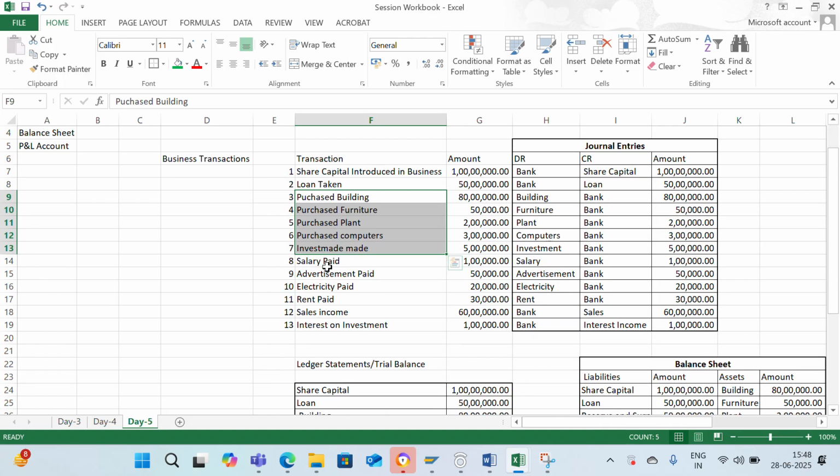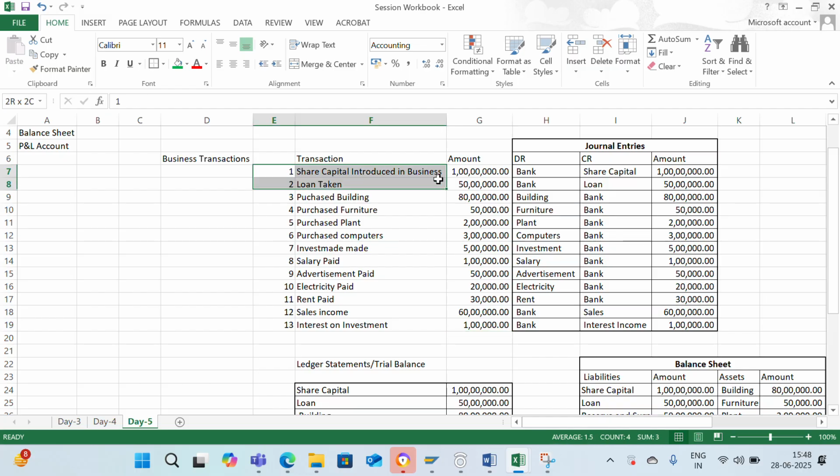During the regular operation of the business, I have made some expenses: salary, advertisement, electricity, rent. And during the course of the operation, I have been able to make a sale of 60 lakh, and earned interest on investment of 1 lakh rupees.